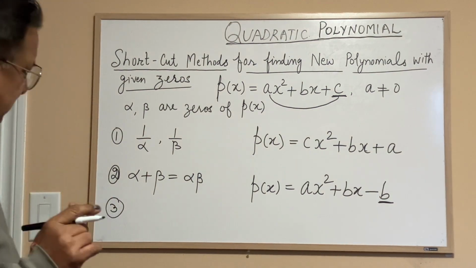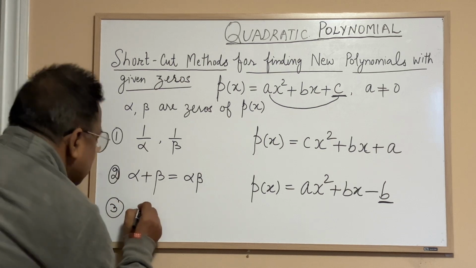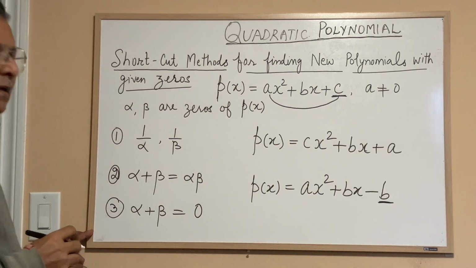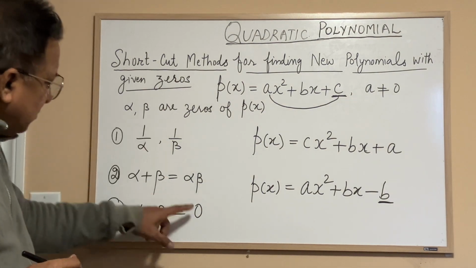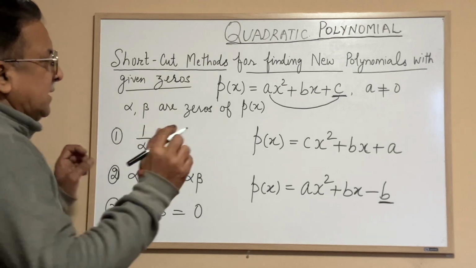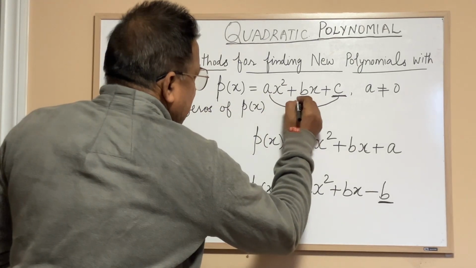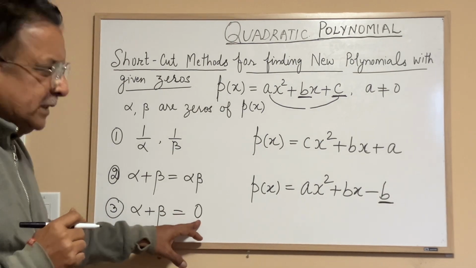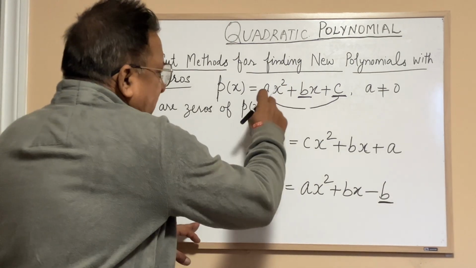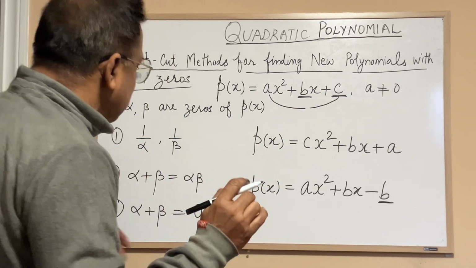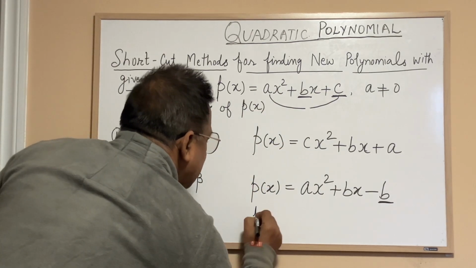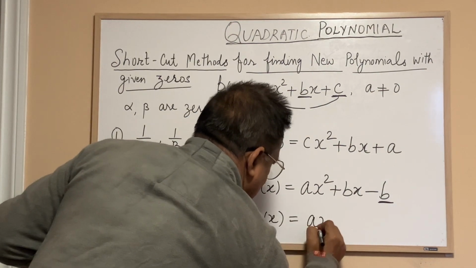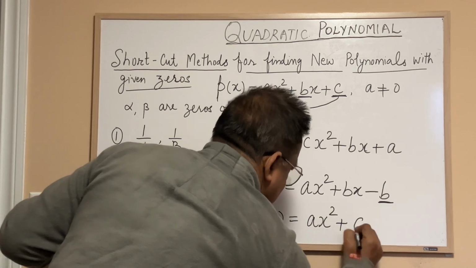Third case is, if sum of zeros equal to 0, it is sure that the x term will be missing. If sum of zeros equals 0, that means minus b upon a equals 0, that means b equals 0, and then the equation will reduce to this form: ax square plus c.